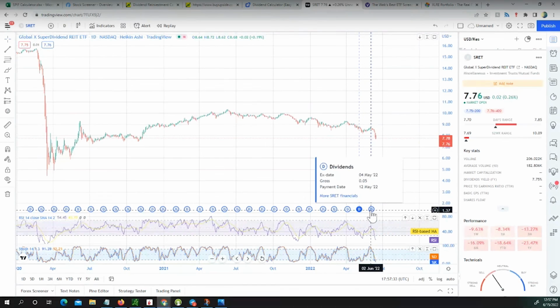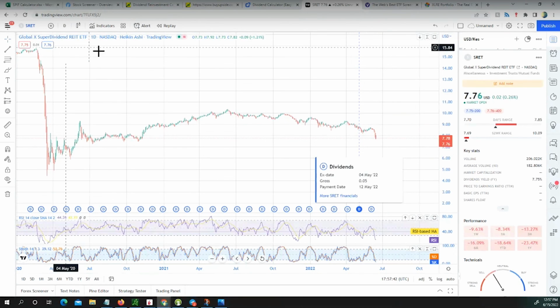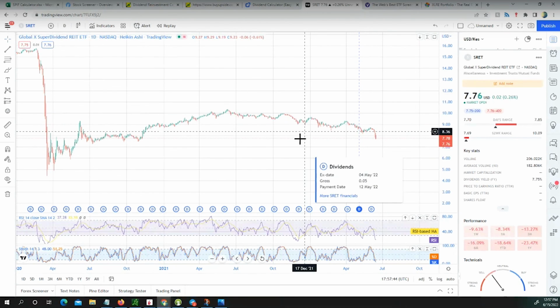So it seems like they're doing monthly. So if you're looking to make monthly income through REITs, this Global X REIT ETF could be your best option. So that's how you find a REIT ETF, a REIT investing ETF.